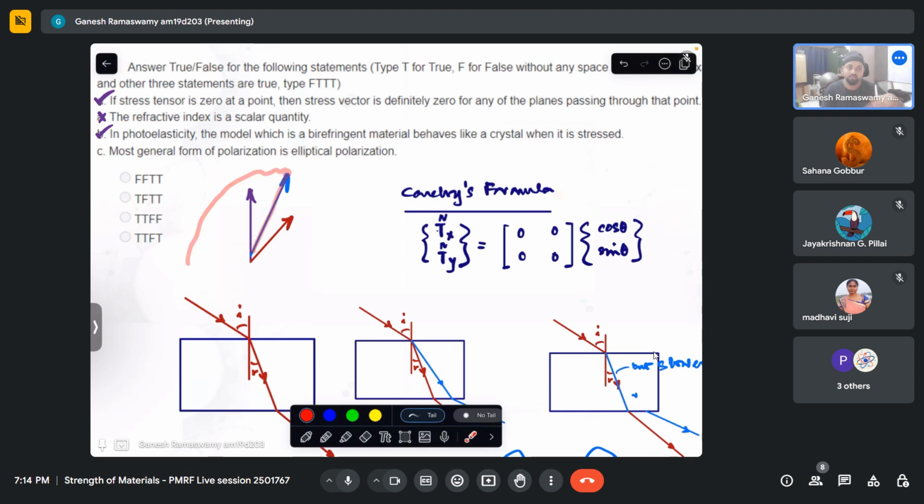And the most general path that it traces, the locus of its tip, is an ellipse, which can degenerate into a plane, or convert into a circle based on certain specific inputs. But I don't want to delve much into that, because this is going much into crystal optics and it's a detour from our mechanics. So I will stop there.